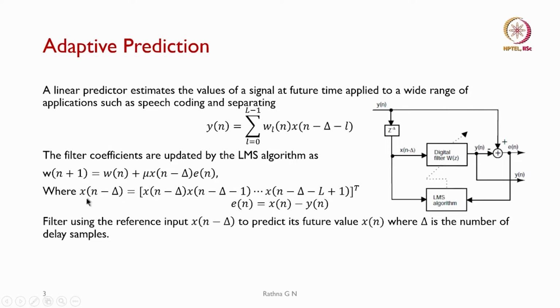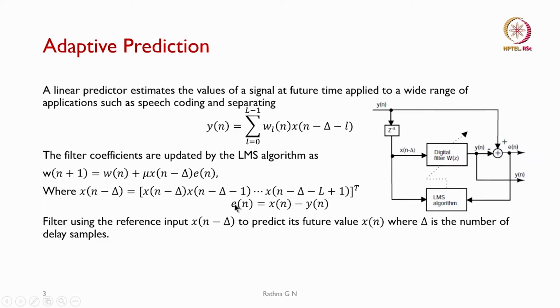Here x of n minus delta is the first sample, delayed by delta units. The others are delayed as earlier, x of n minus delta minus 1 and so on, up to x of n minus delta minus L plus 1, transposed, which we give as input. L is the length of the filter, with small l from 0 to capital L minus 1, and we calculate our y of n.